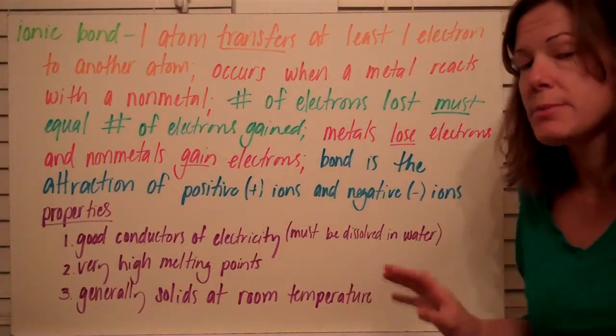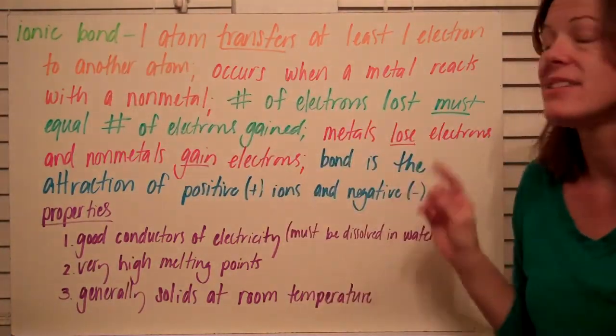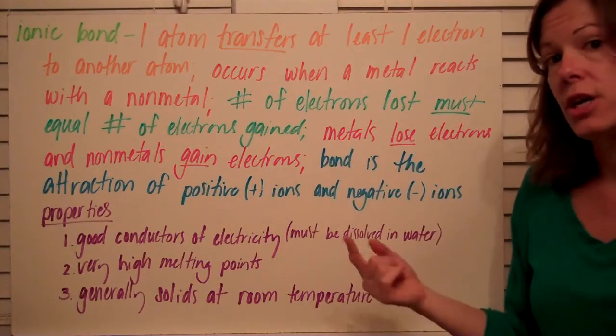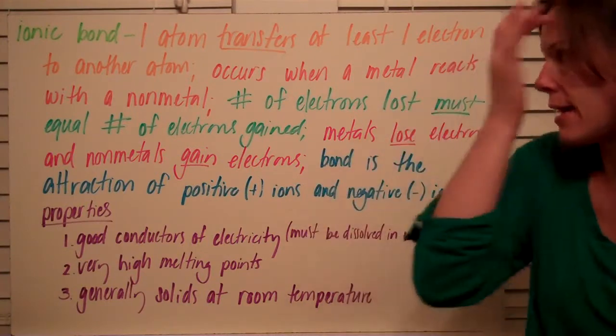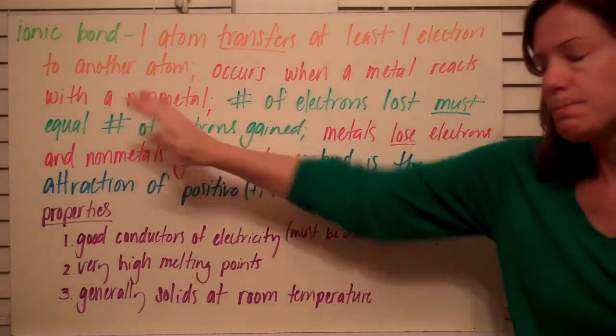Alright, so there's 2 types of bonds that occur. The first one is called an ionic bond. This is when one atom transfers at least 1 electron to another atom. So it gives it up and it no longer has that electron. This happens when you have a metal reacting with a nonmetal.